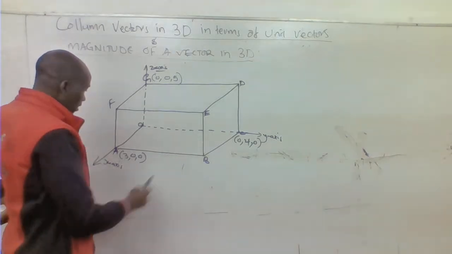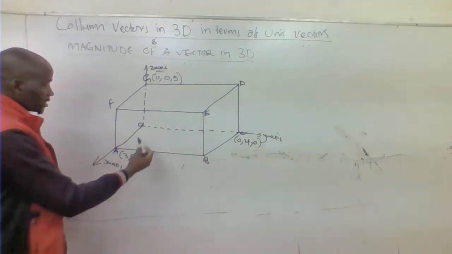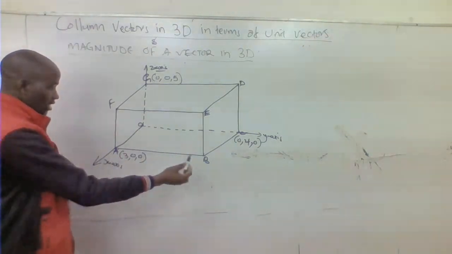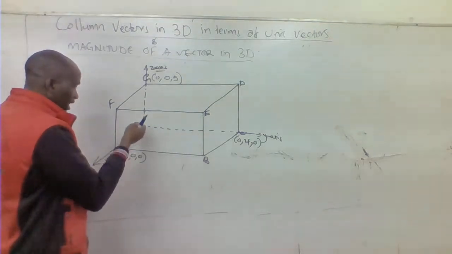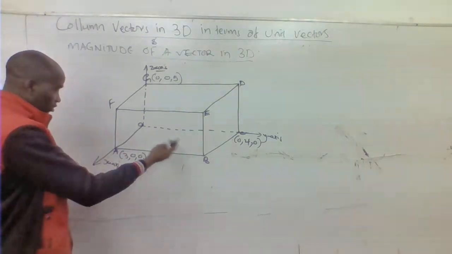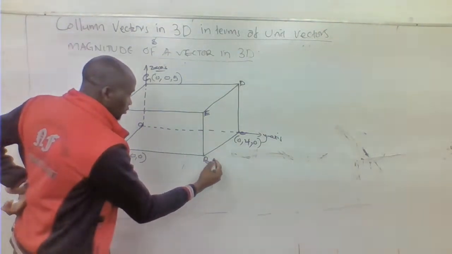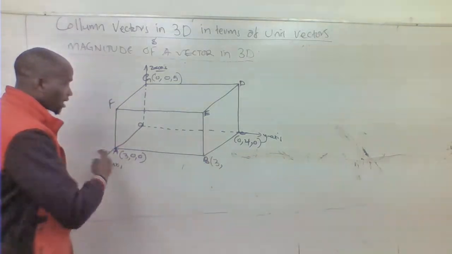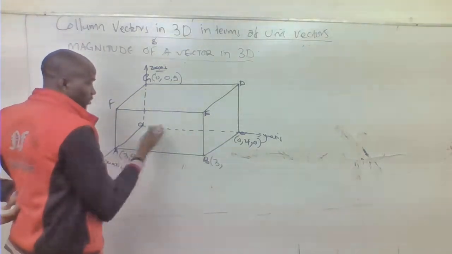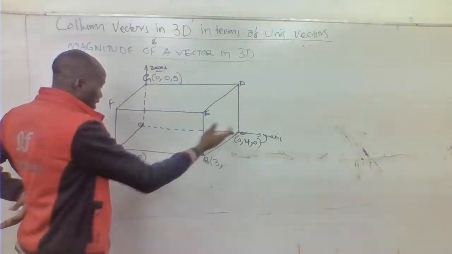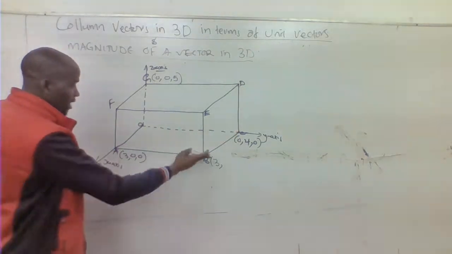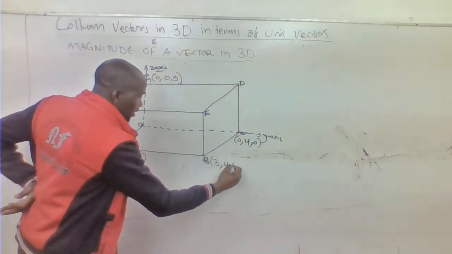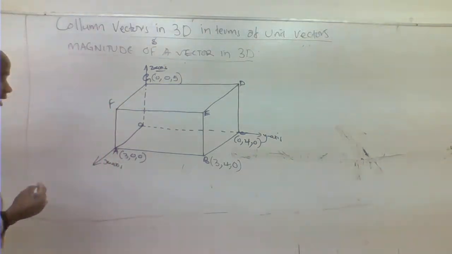So we can write the coordinates of other points. For example, B has been displaced along the x-axis 3 units. Along this x-axis, it will be 3 units, so we'll have the coordinate as 3. Then along the y-axis, because this line OC is parallel to AB, this one will be 4, then 0, like that.